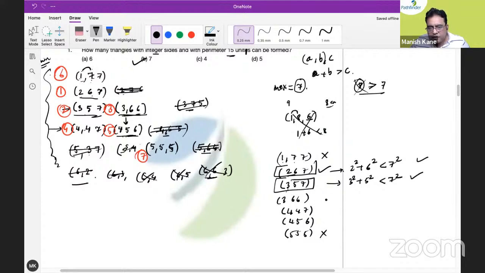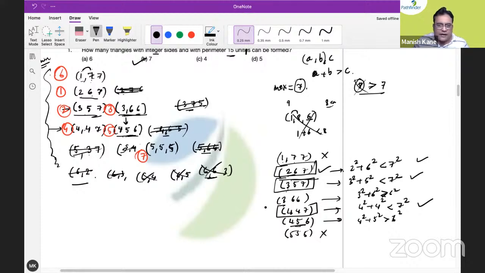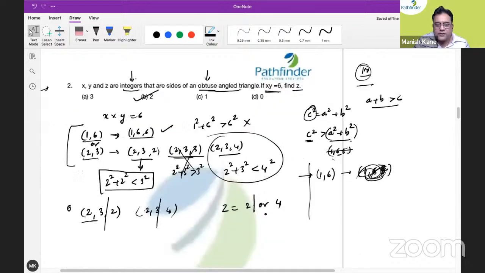And what about the other 3? 4 square plus 5 square is greater than 6 square. 4 square plus 4 square is less than 7 square. 3 square plus 6 square is greater than 6 square. So this is the third triangle. So obviously there are three triangles which are obtuse angled in this set.